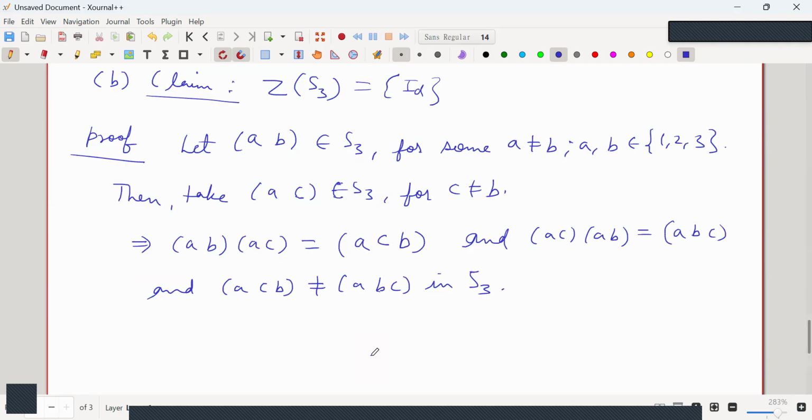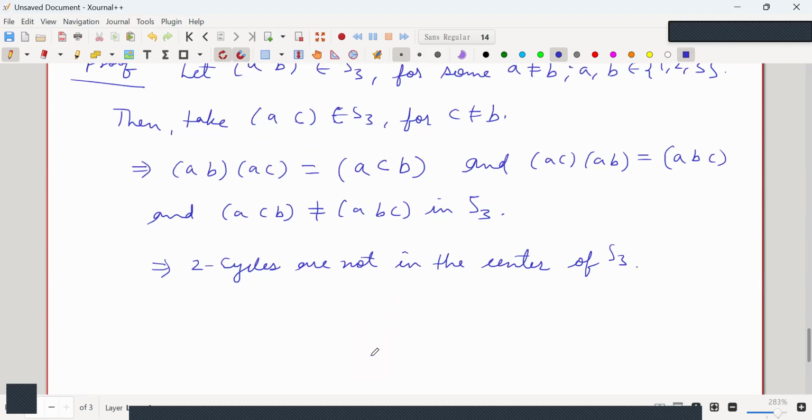So this implies two cycles are not in the center of S3, right? Because for each two cycle, there is another element in S3, in fact a two cycle, with which it doesn't commute. But still there are two more elements, (1 2 3) and (1 3 2). What about them?